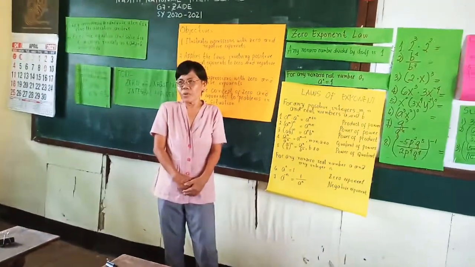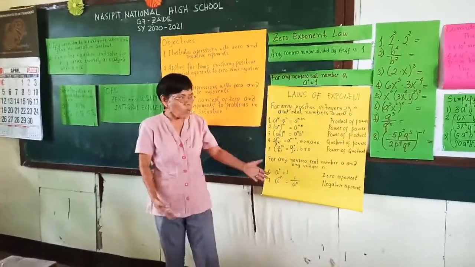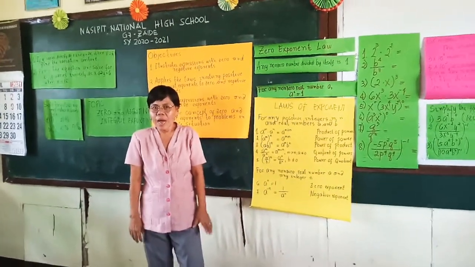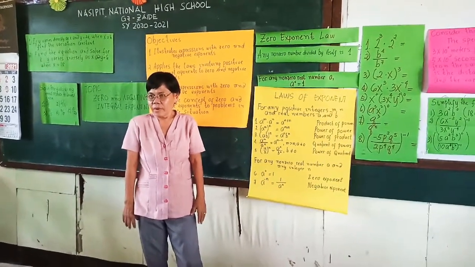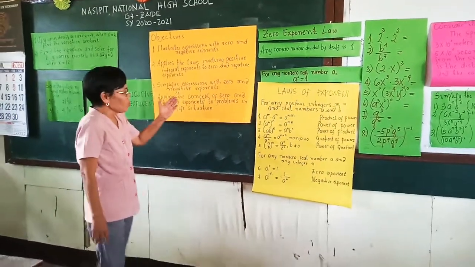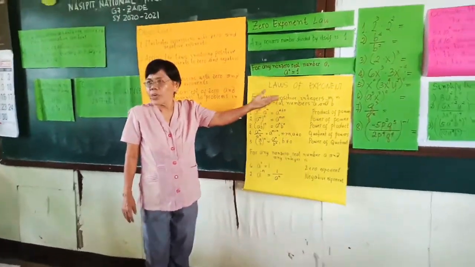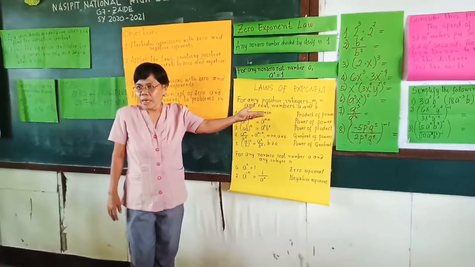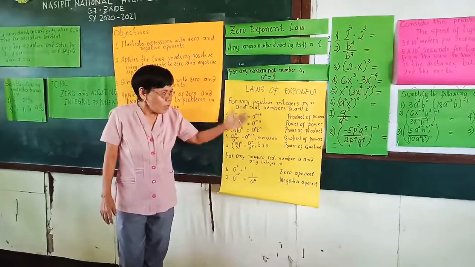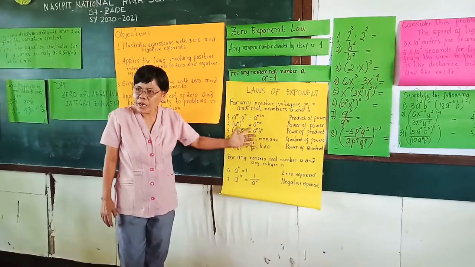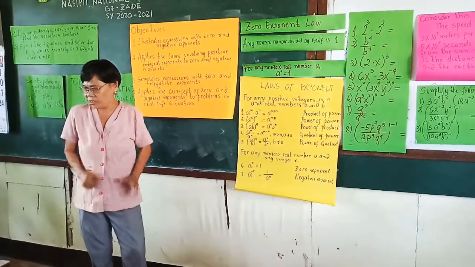Do you have any ideas on how you would relate this topic to your daily life? Okay, so if you remember the laws of exponent, in solving our examples, you relate that based on the laws of exponent. By the use of the laws of exponent, we can get correct or accurate answers.